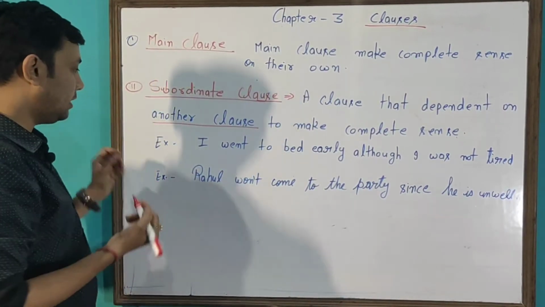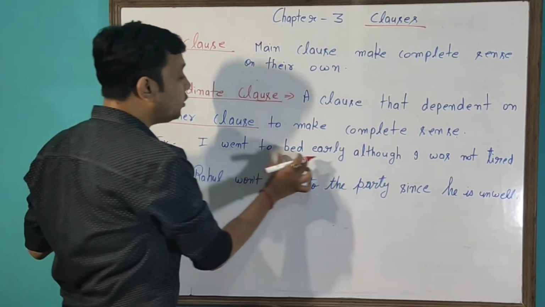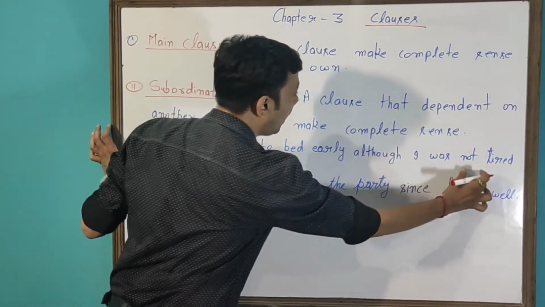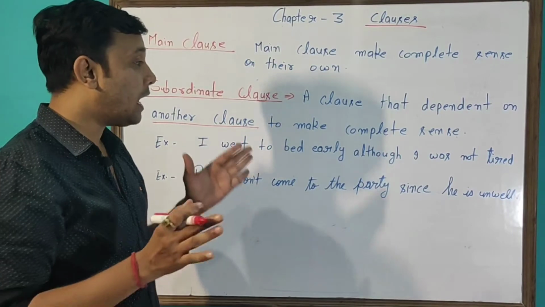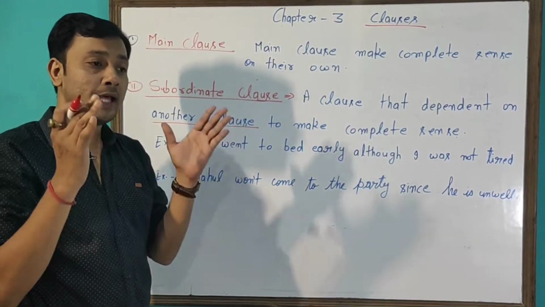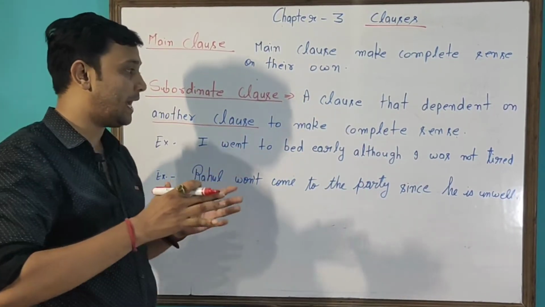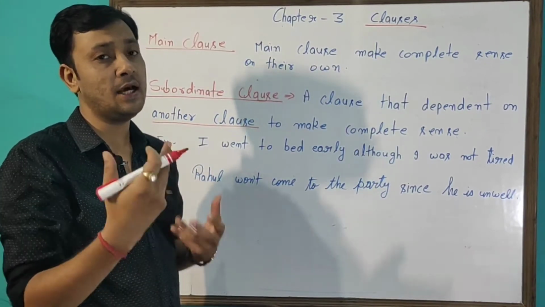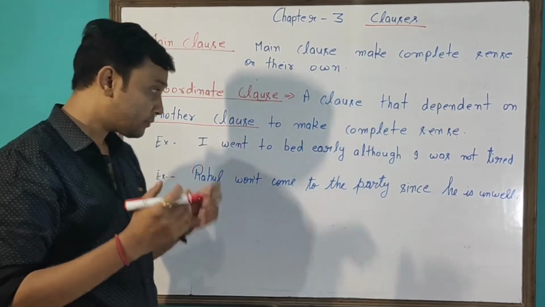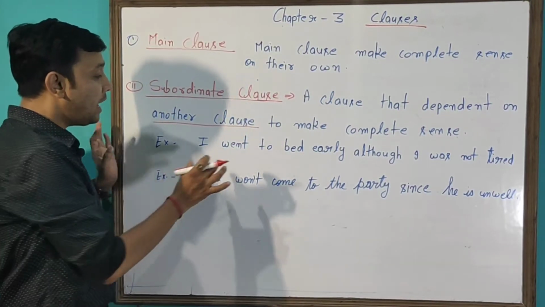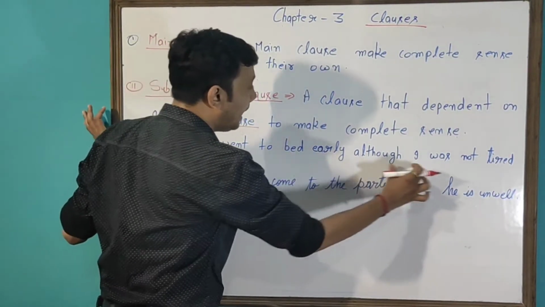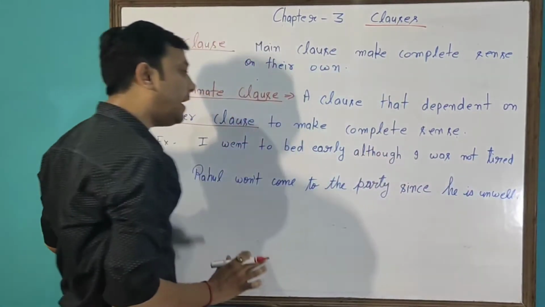See the example: I went to bed early although I was not tired. Now I will explain how to identify which is the main clause and which is the subordinate clause. Pay more attention here. I went to bed early although I was not tired.